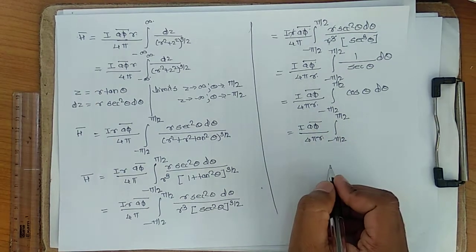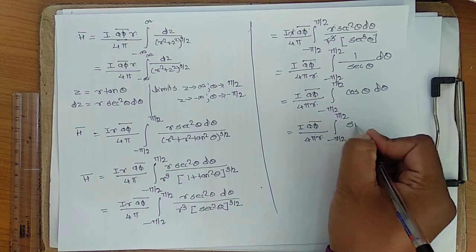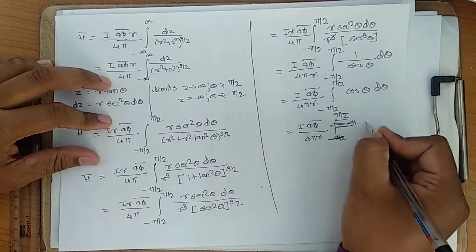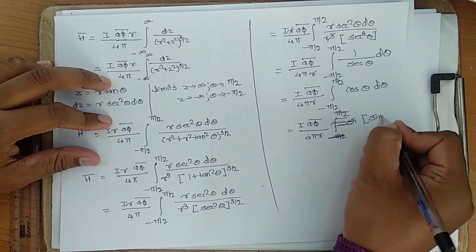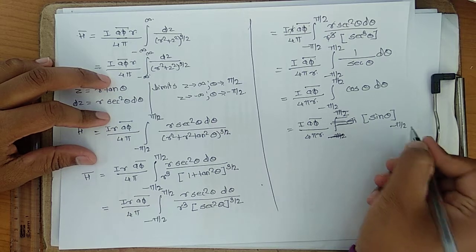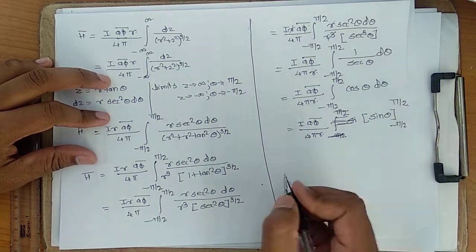What is the integration of cos theta? It is sin theta, with the limits minus pi by 2 to plus pi by 2.